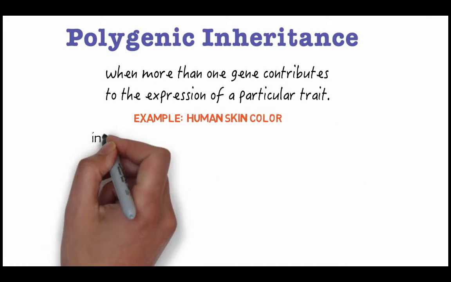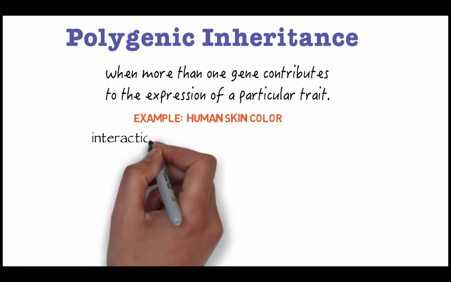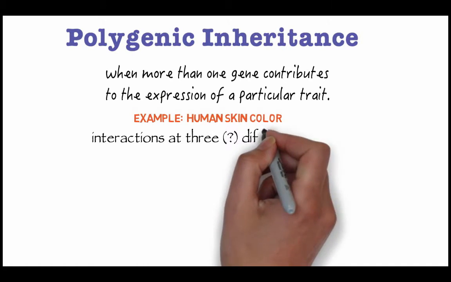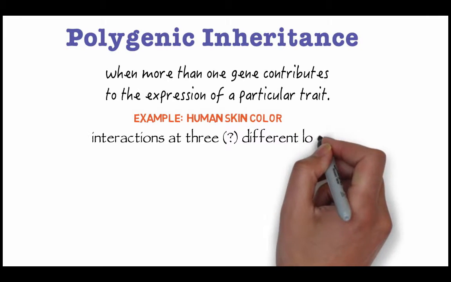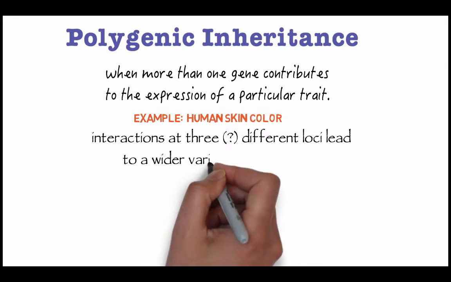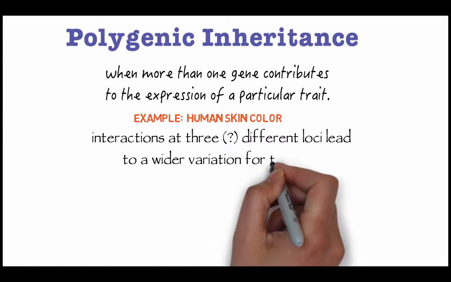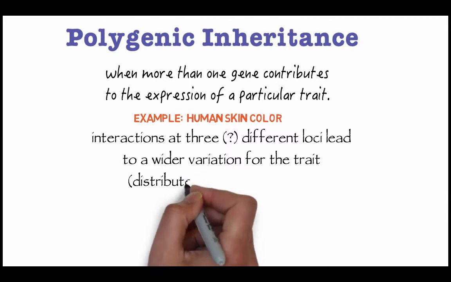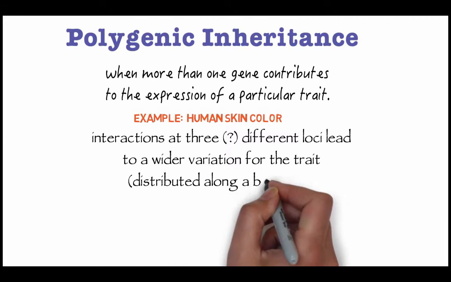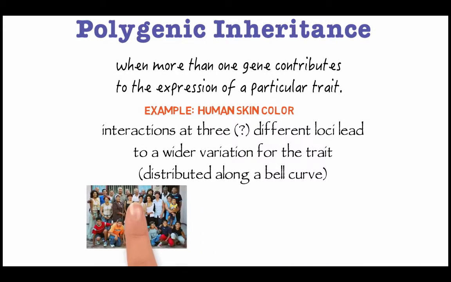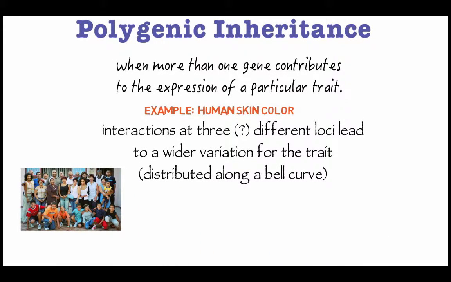We know of at least three genes at different chromosomal locations that are responsible for skin color. This leads to a wider variation of phenotypes along a bell curve distribution. There's a wide variation between extreme phenotypes, with most individuals having intermediate phenotypes.